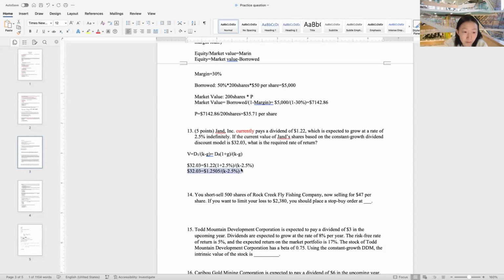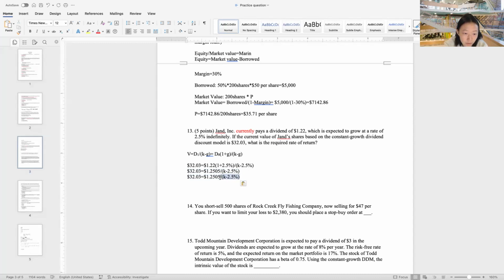And then I just copy everything down. So I rearrange the formula so that this is on this side and this is on this side, and K is on the left-hand side.